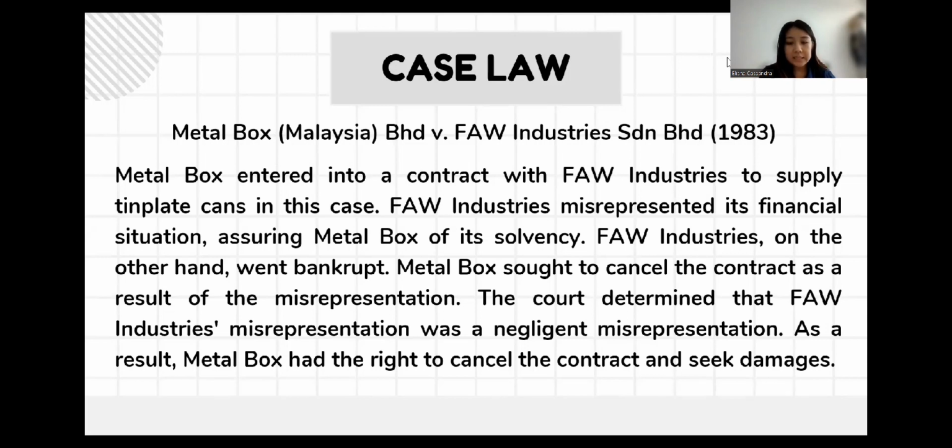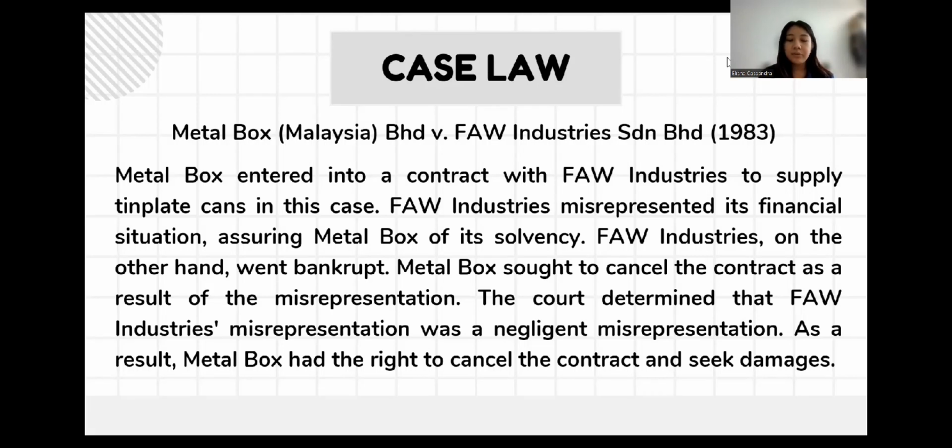So Metal Box entered into a contract with FAW Industry for the supply of tin plate cans. During the negotiation between these two, FAW Industry made a representation regarding its financial position, assuring Metal Box of its solvency.